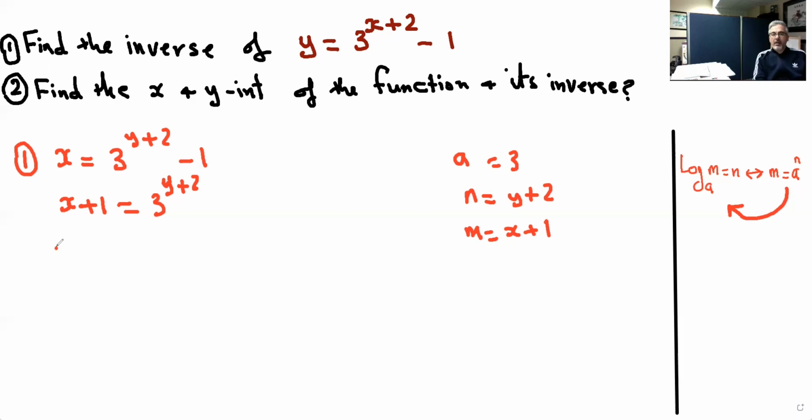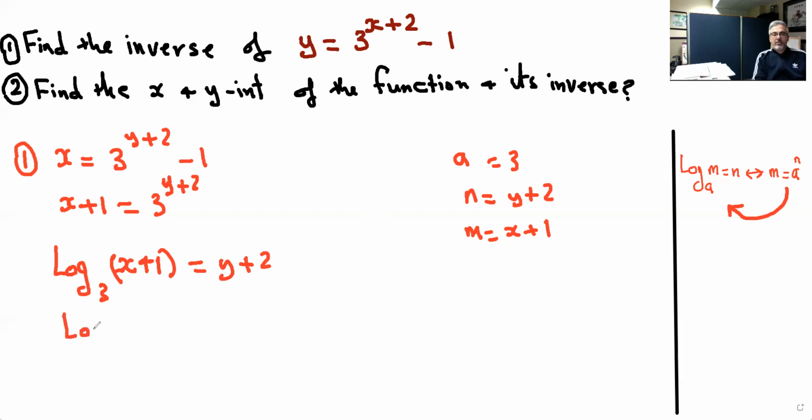So basically log base a, which is a here is 3, of m, which is x plus 1, equals n, which is y plus 2. And I'm going to solve this for y now. So I'm just going to move 2 to the other side and change it to minus.